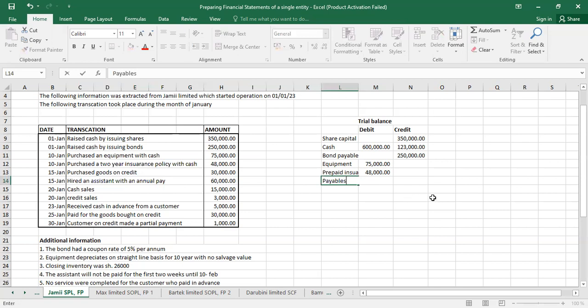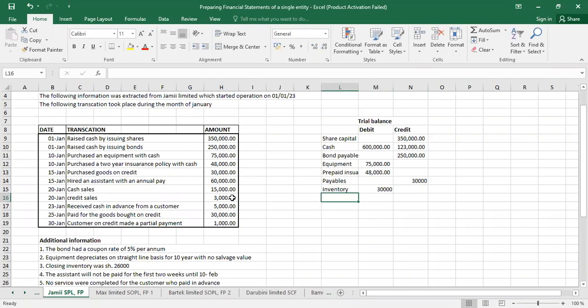If our payables increase, what do we credit, isn't it? Because it's a liability, as said earlier. Then which account will it affect? It should be inventory, isn't it? Our inventory will increase by the 30. As simple as that. We move to the next thing.